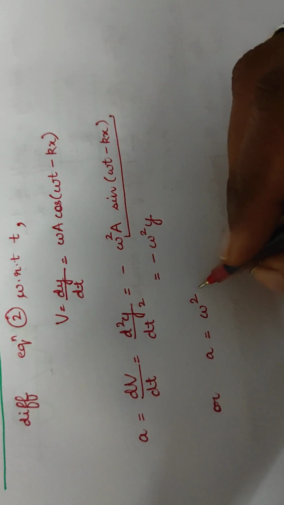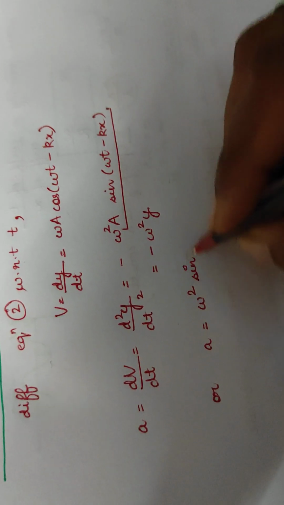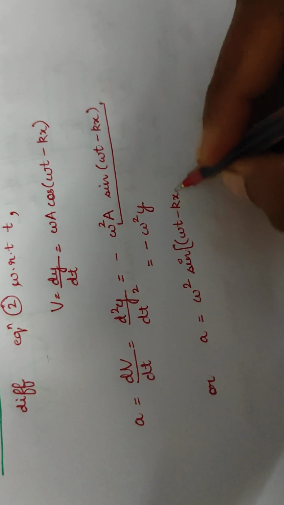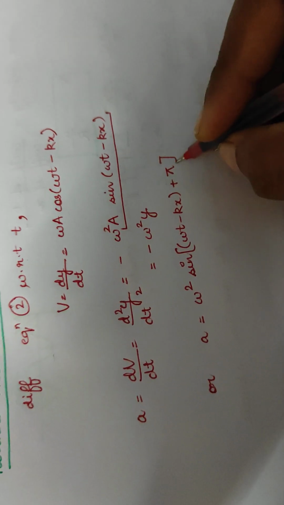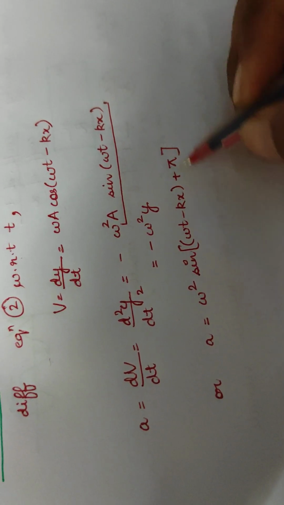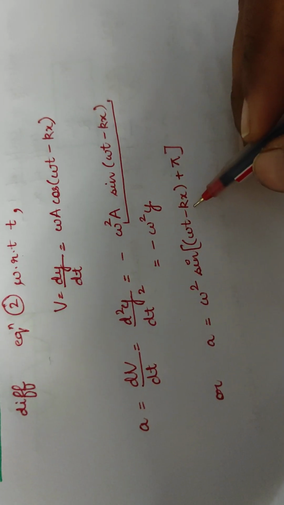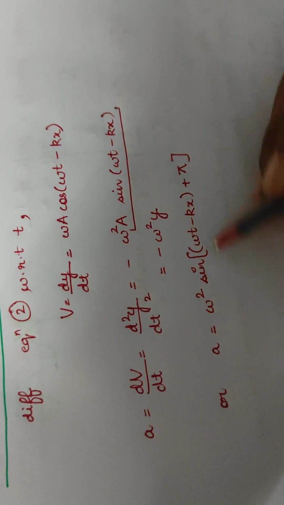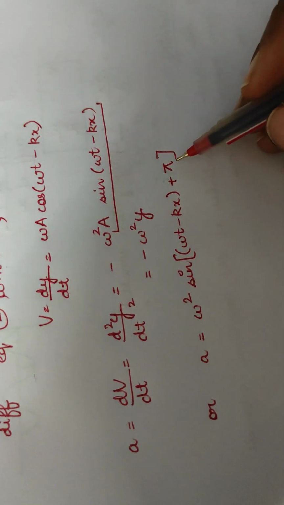Fine. So we can write it as ω² a sin(ωt − kx + π). Now from here, sin(π + θ), which is sin(180° + θ), is always equal to minus of sin θ. So applying that, we are getting this equation.